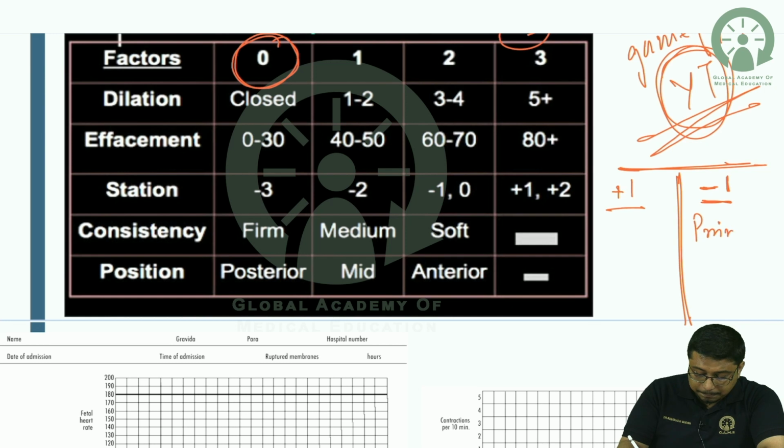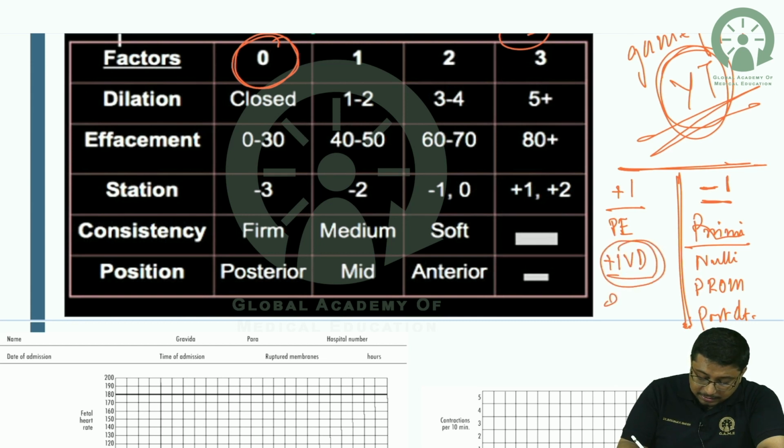If it's a primi or nulliparous, or there is pre-labor rupture of membrane, or there is post-dated pregnancy, then we have to subtract 1. On the other hand, if there is pre-eclampsia, we need to add 1, and for each vaginal delivery, we need to add 1 point.